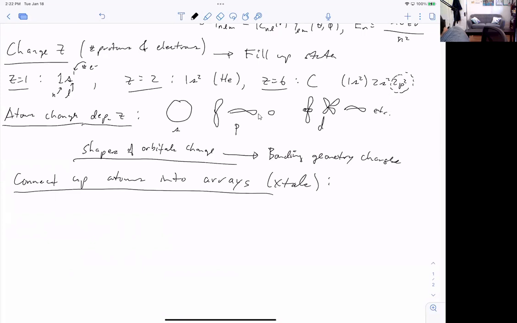Here's an example: an array of, say, a square, call it a cubic array. And one of the properties is that the atoms in this array can vibrate. So you can get vibrations of the entire array, which we call phonons. We'll study these in great detail, but I just want to point them out here at the beginning.